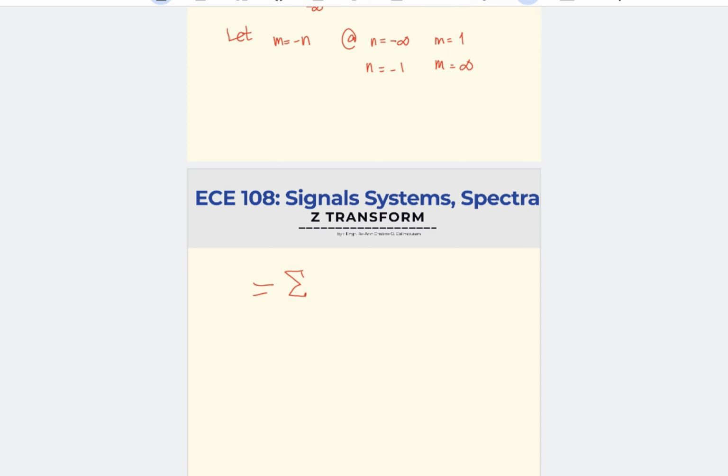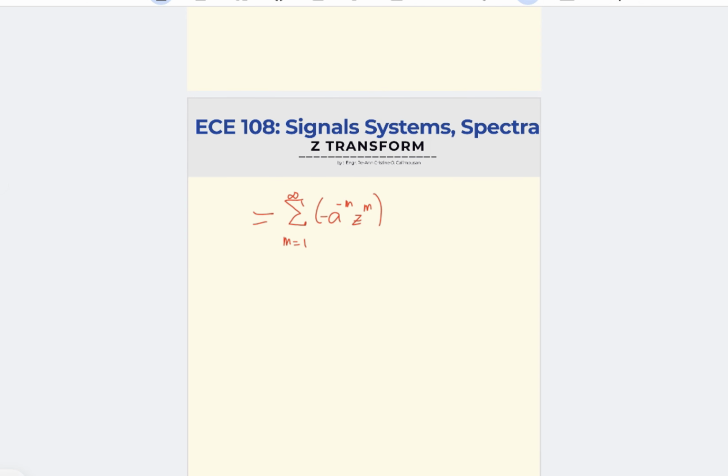So the summation of negative a to the power of negative m z to the m, where m is equal to 1 to infinity. So substituting the value earlier, we have the summation of negative a to the power negative 1 z to the power all over m from m is equal to 1 to infinity.